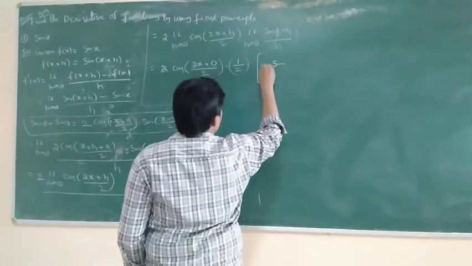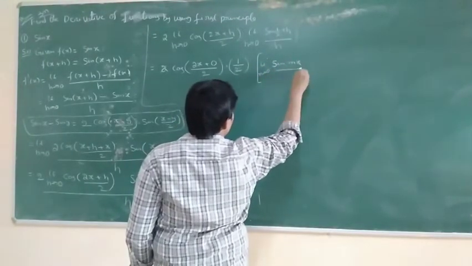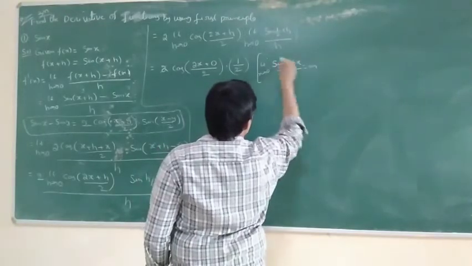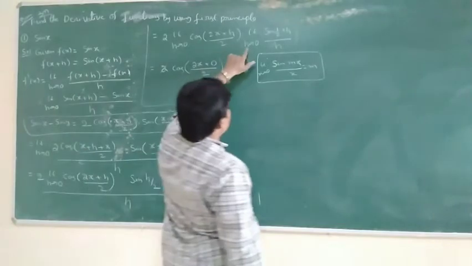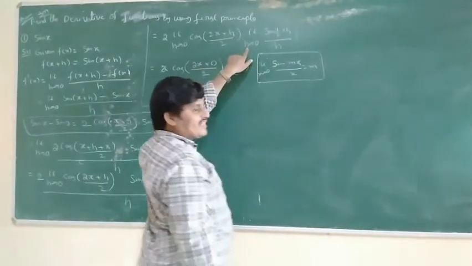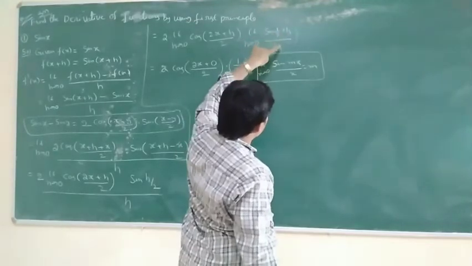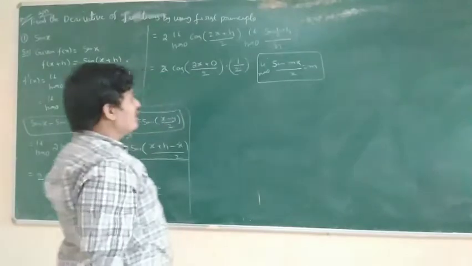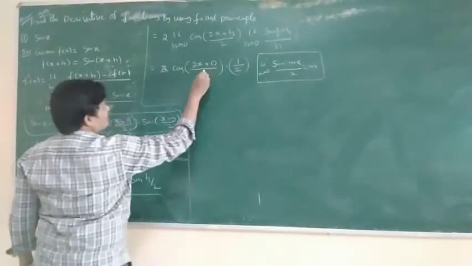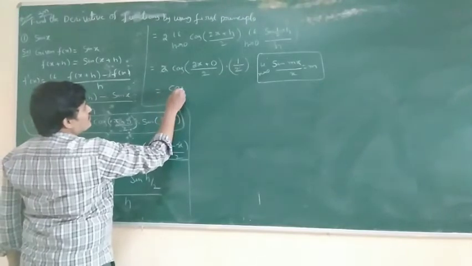The limit as x tends to 0 of sin mx by x is equal to m. Here x means h tends to 0, sin mh by h. What is m? 1 by 2 is m, so the 2s cancel.